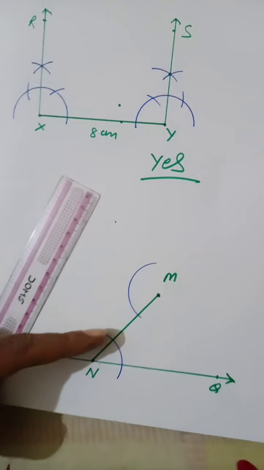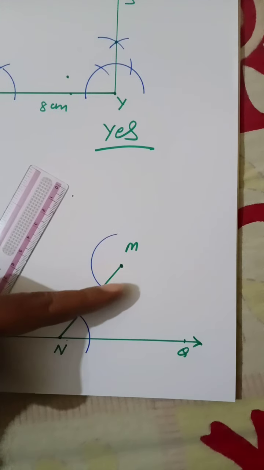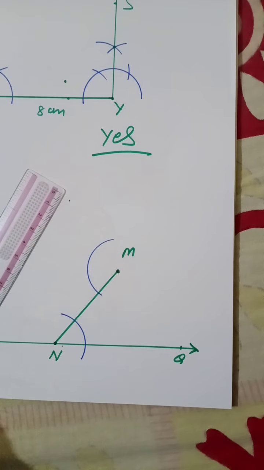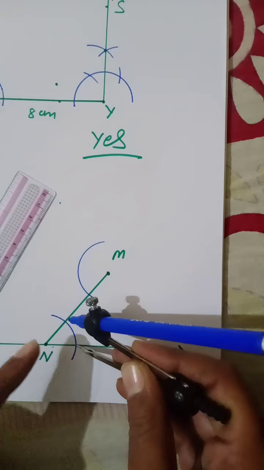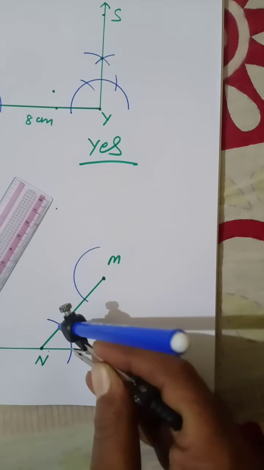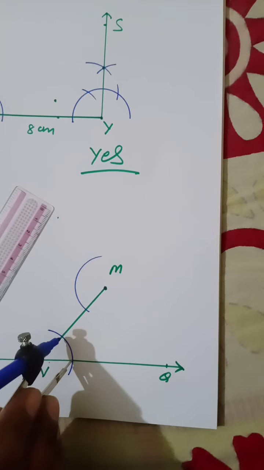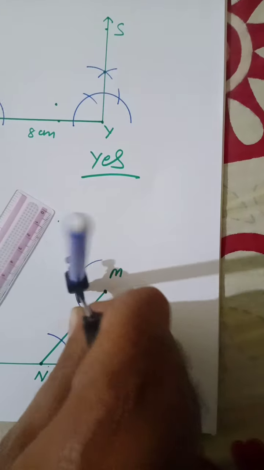Here the arc was to this side, and here we will draw an arc to the opposite side. Okay, now we will open this compass equal to this angle, see. Now put the needle here and draw an arc.